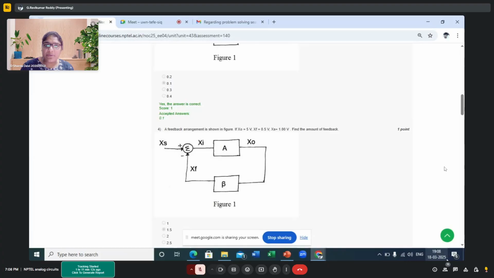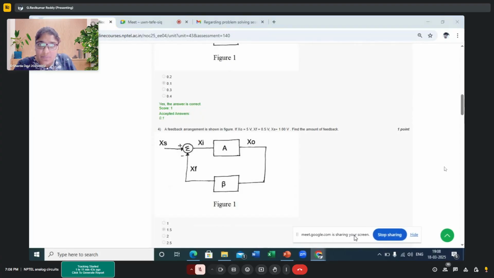Find the amount of feedback. So if xf is 0.5 and x naught is 5, then beta should be 0.1. But what do they want to ask in find the amount of feedback?